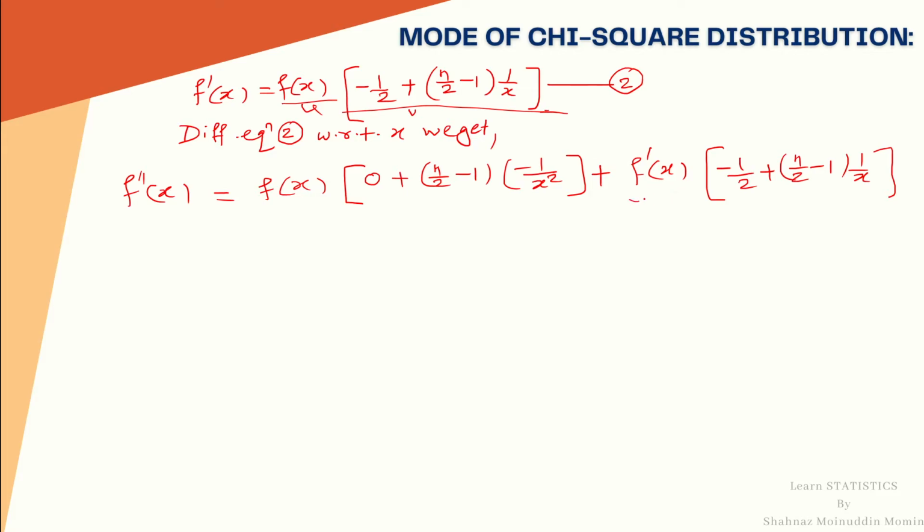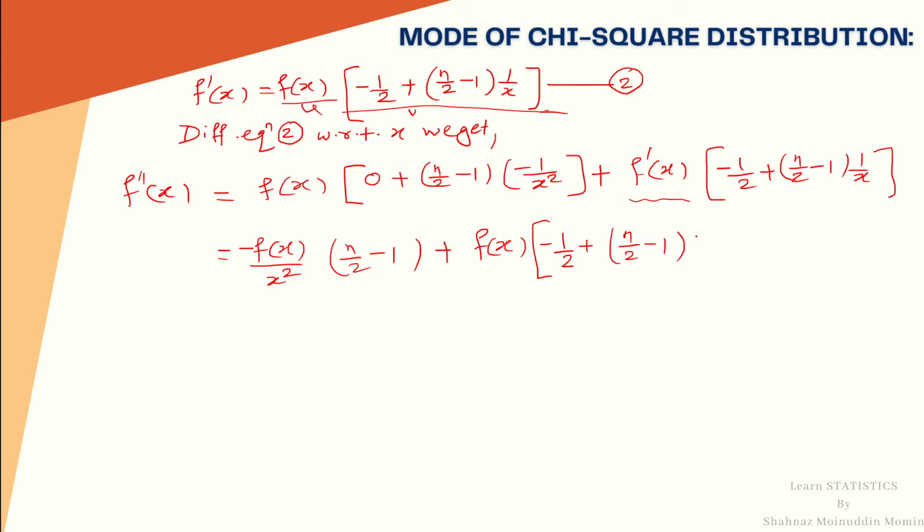Now I will substitute the value of f dash x from equation number 2. So we get f of x into minus 1 upon x square into n by 2 minus 1, plus f(x) multiplied by the bracket minus half plus n by 2 minus 1 into 1 upon x, whole square. After substituting f dash x, I take f of x common from both the terms.